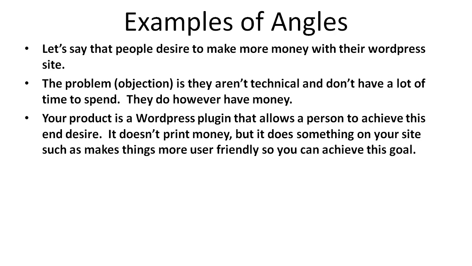Now, your WordPress plugin doesn't necessarily print money, but it does something on your site, such as making things more user-friendly in terms of the shopping cart, the process of getting people to take action, signing up on your list, things like that. So you can position your WordPress plugin to help them in the end make more money. That's why knowing your objections, knowing the desires of your prospects is key, because you can angle it towards that.